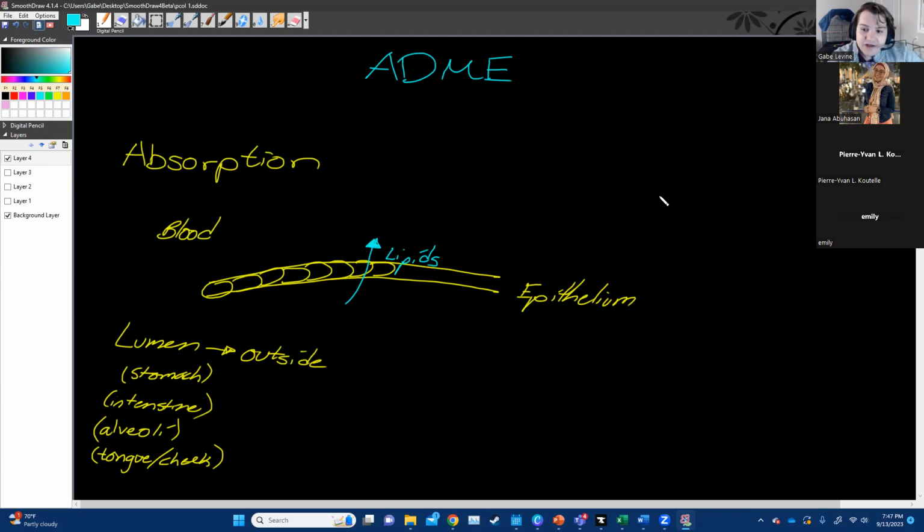Now, one of the fundamental things about chemistry is that like dissolves like. So for absorption, the best drugs are going to be very lipophilic.